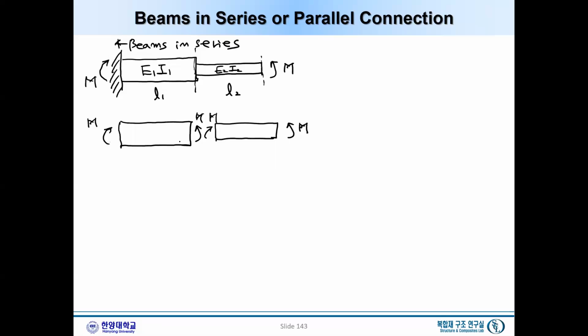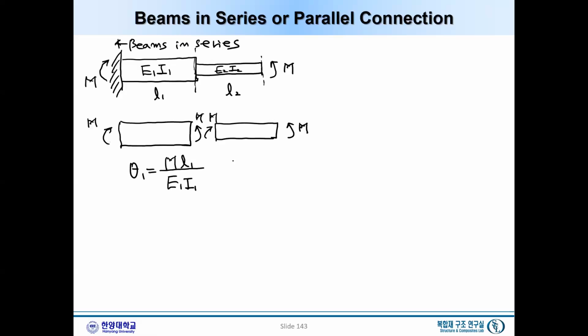Now we want to calculate the angle of rotations, and I will call theta 1 the rotation of these cross sections with respect to the left hand side, and this theta 1 is simply moment times L1 over E1 I1.